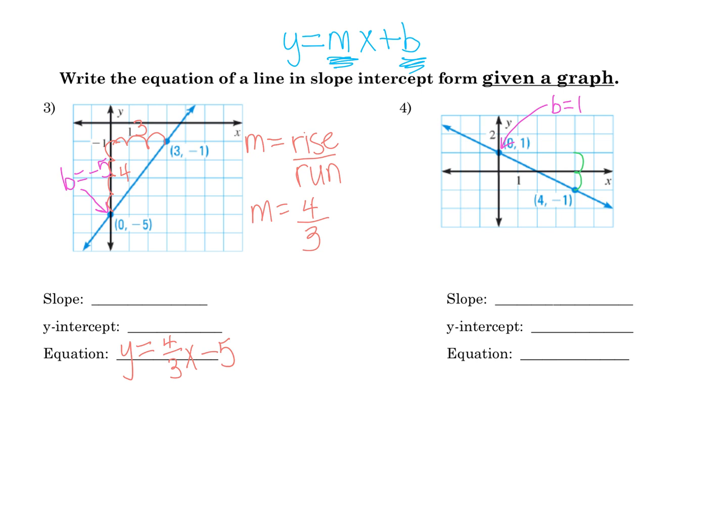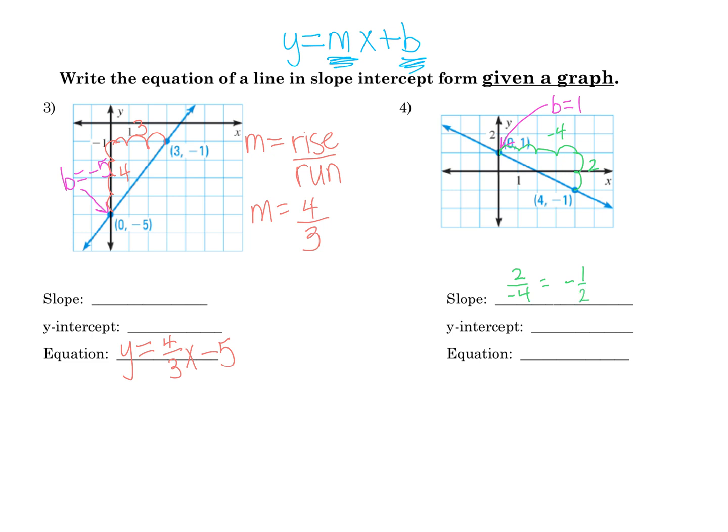So when you go backwards, it's going to be a negative. So it's going to be 1, 2, 3, 4, negative 4. So your slope, again, is rise over run. So I had to rise 2 and run negative 4. Now let's simplify that. If you simplify that, that simplifies down to negative 1/2.